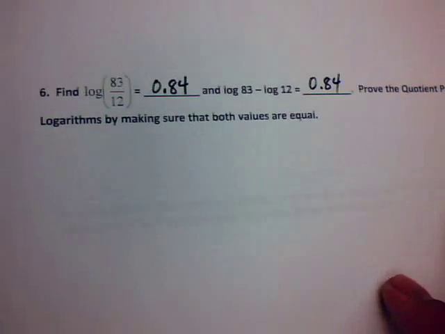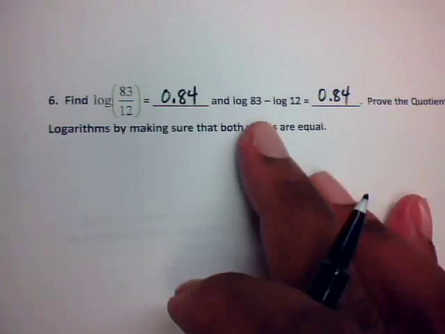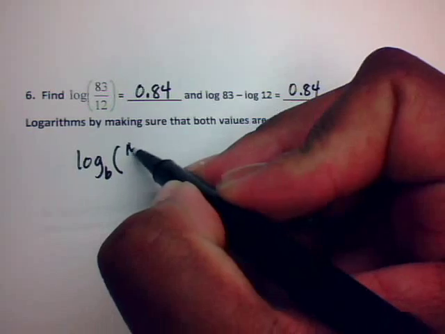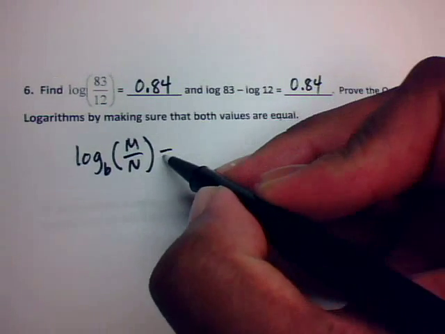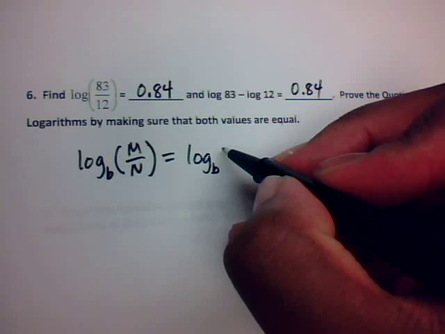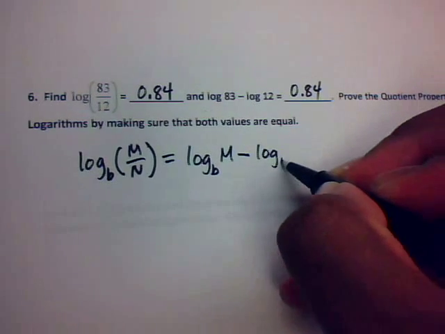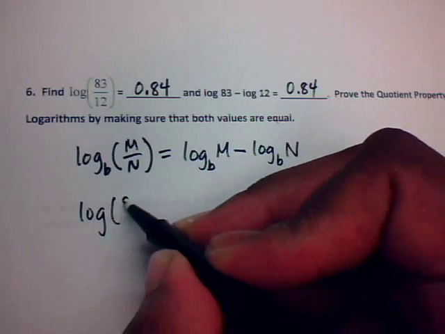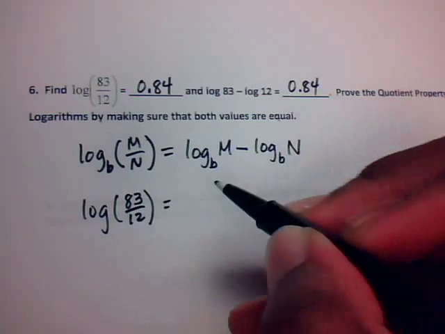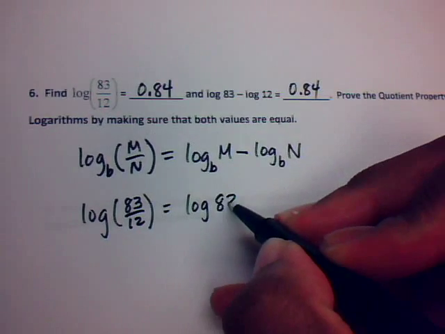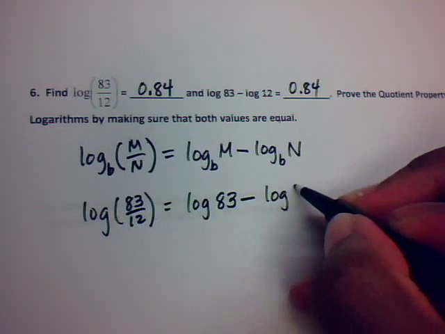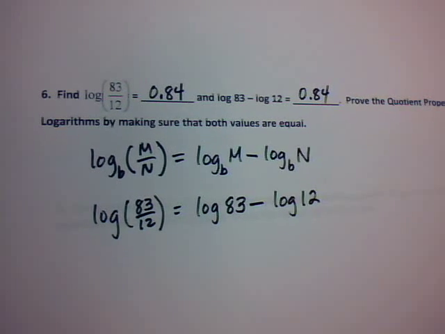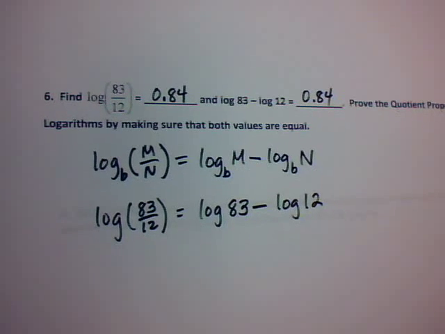So here, since we got the same values for these two expressions, we can conclude that the log of the quotient is equal to the difference of the individual logarithms, which means that the log of 83 divided by 12 will give you the same answer as if you did the log of 83 minus the log of 12. So the log of the quotient is equivalent to the difference of the individual logarithms.